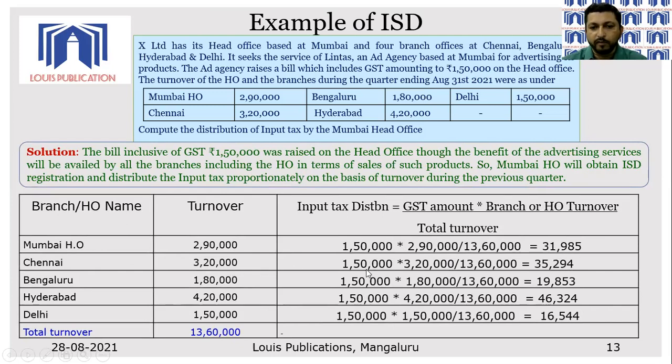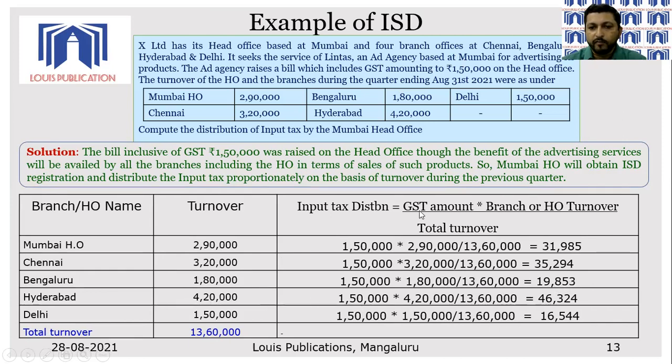Similarly, from Chennai's point of view, 1,50,000 into turnover of Chennai branch is 3,20,000 divided by total turnover 13,60,000 works out to 35,294. Similarly, Bengaluru, 1,50,000 is the GST amount into turnover of Bengaluru is 1,80,000 divided by 13,60,000 works out to 19,853.